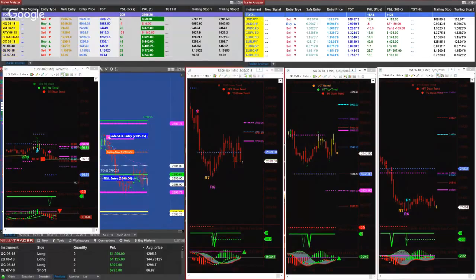The high time frame says HFT downtrend on the top of the chart, and the same thing on the YM. I still want to get back to the Nasdaq, just trying to find an entry.